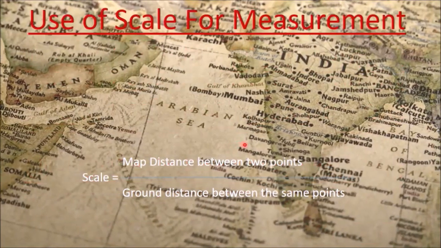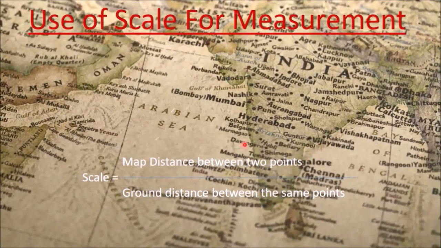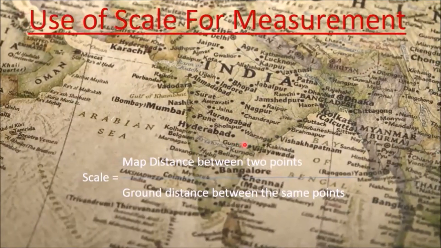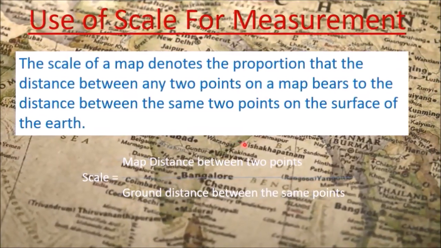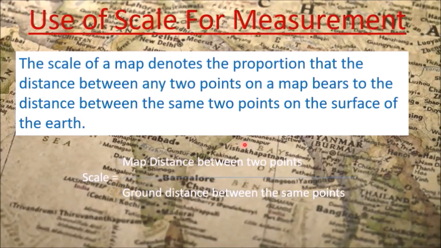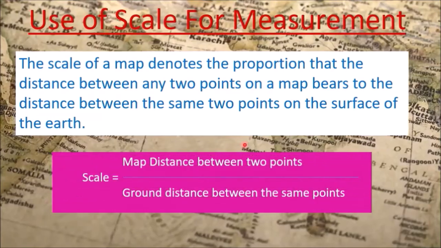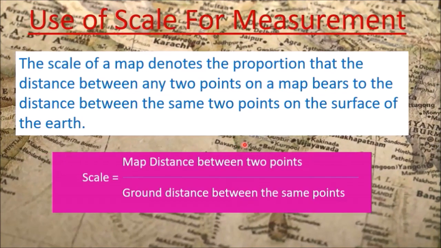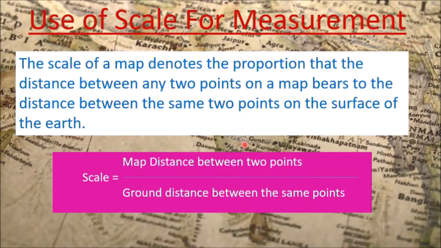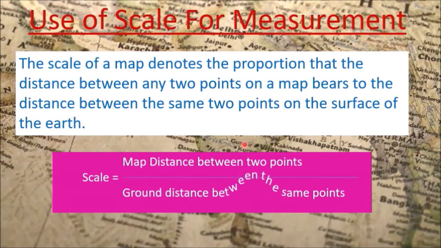Use of scale for measurement. Scale is defined as the ratio of the distance on the map and the corresponding distance on the ground. It can be expressed as scale is equal to map distance between two points upon ground distance between the same points.